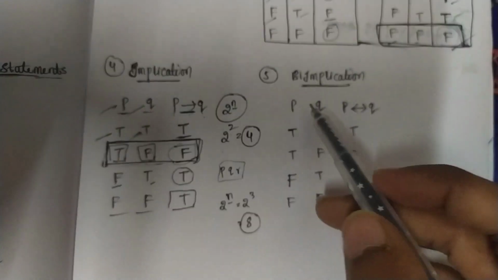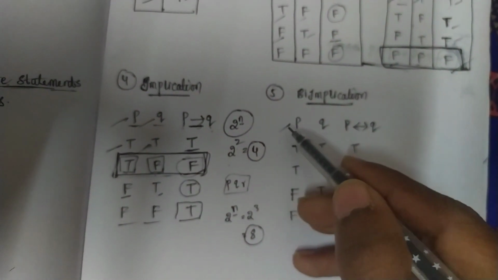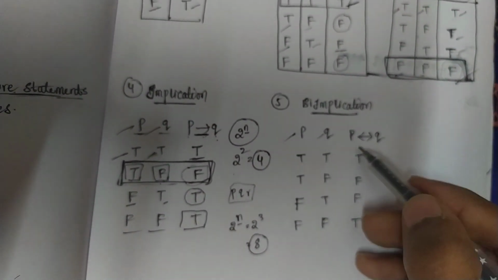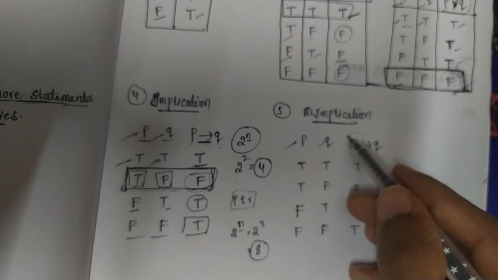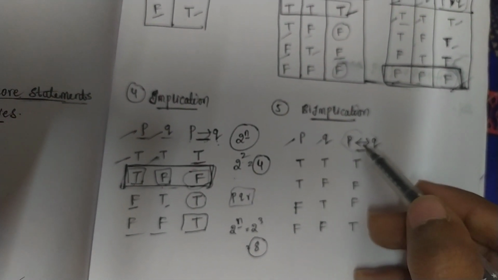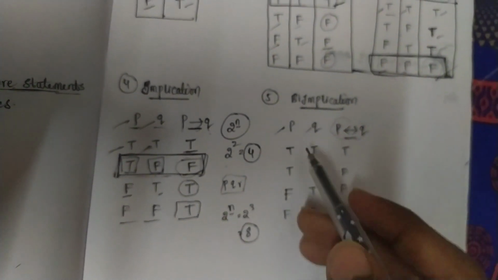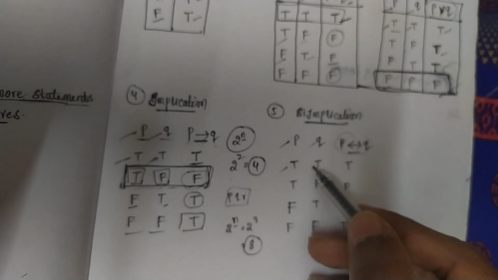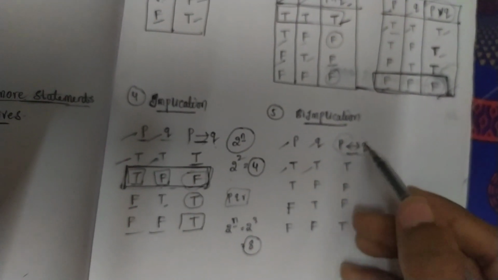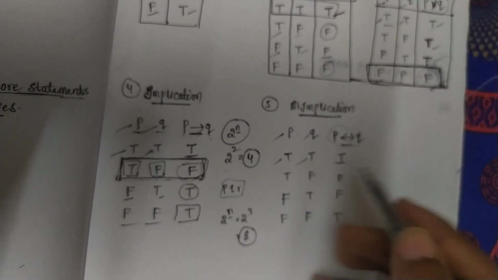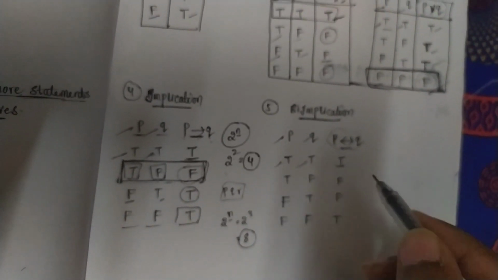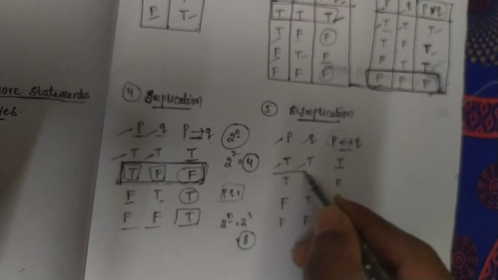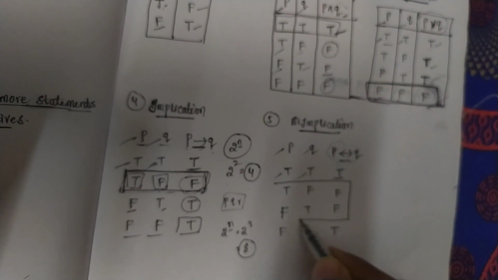Coming to the bi-implication truth table, we give P and Q statements and use the bi-implication connective, and we get the whole compound statement P bi-implication Q. Taking four cases, the first case is P as true and Q as true, and we get the whole statement true. The main thing to remember in this bi-implication truth table is, if P is true and Q is false, we get the whole statement false.